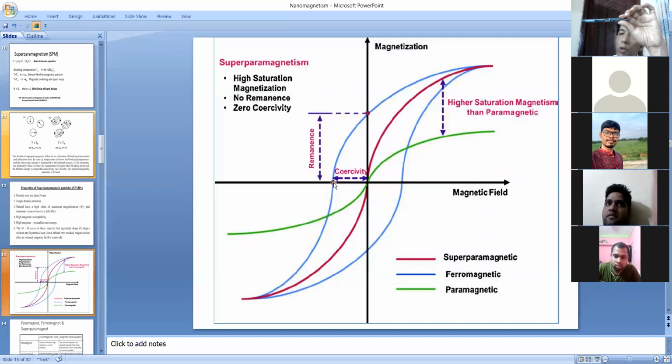So what I have to do is apply a magnetic field of this much to make this magnet zero, to make this material have zero magnetic moment. So I require some energy to make this substance have zero magnetic moment. This energy is the coercivity.